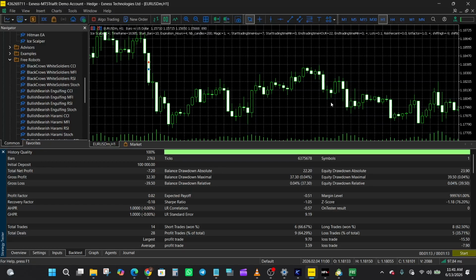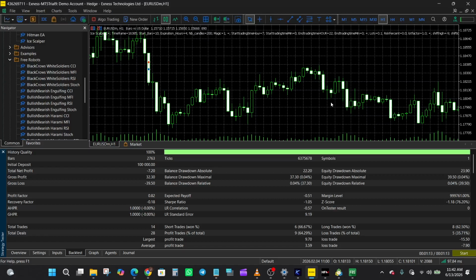So overall, the Ice Scalper EA for MT4 and MT5 presents a clearly defined breakout based approach that focuses on previous highs and lows using pending orders for execution and offers extensive customization through its input settings.